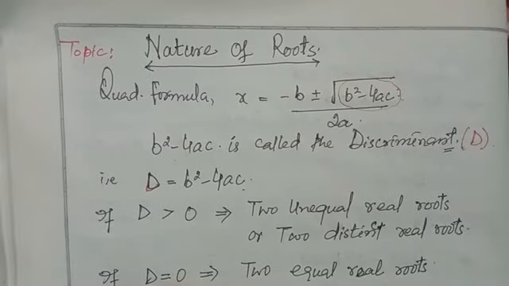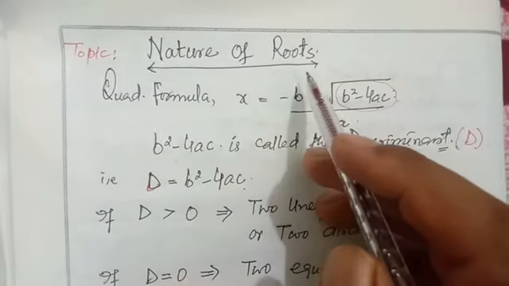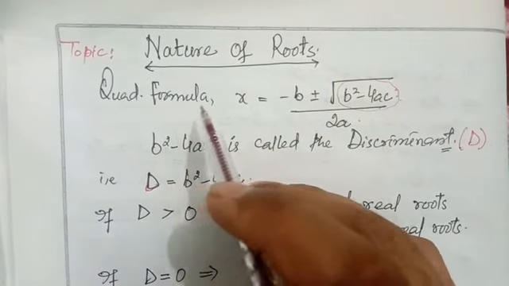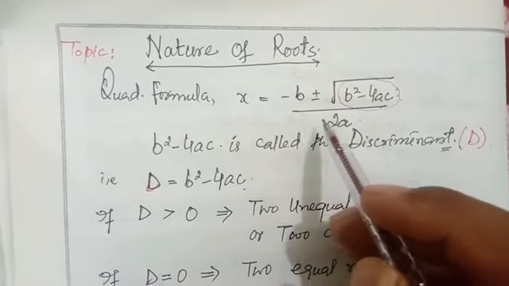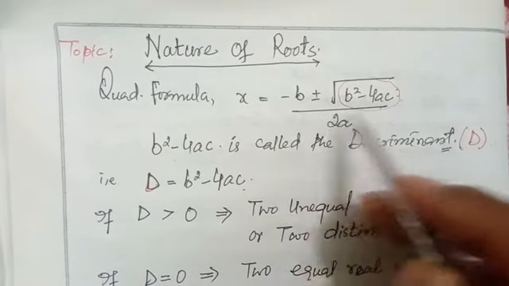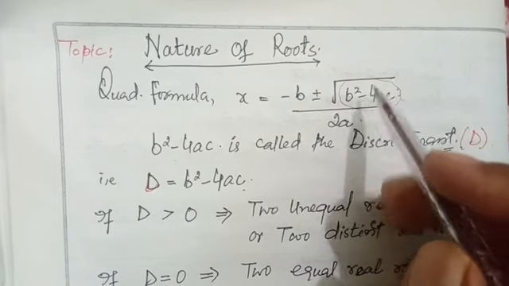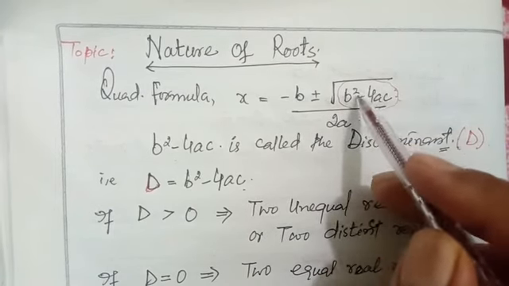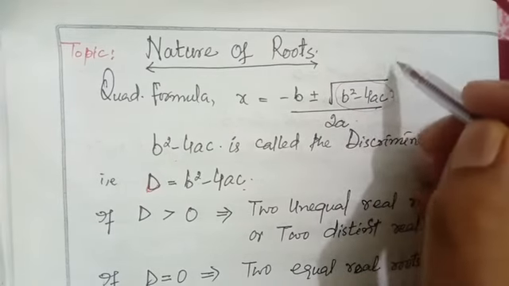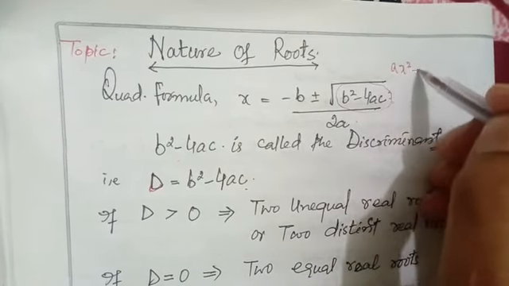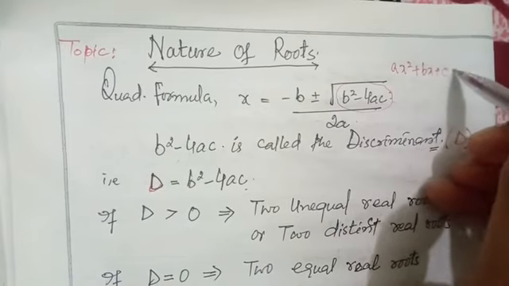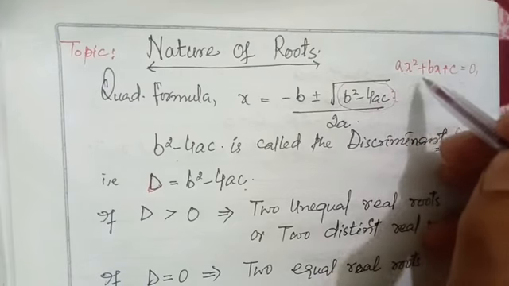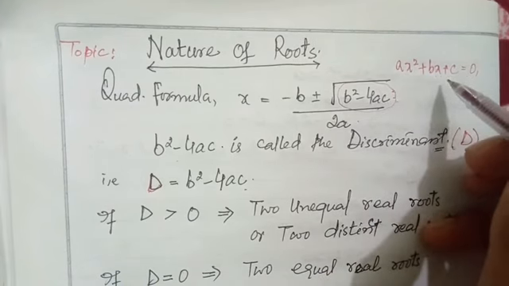The next most important topic is nature of roots. See here, we know the quadratic formula, x equal to minus b plus minus root b square minus 4ac, over 2a. Here b square minus 4ac is some value. If I write the general form, ax square plus bx plus c equal to 0, here a is the coefficient of x square, b is the coefficient of x, and c is the constant term.